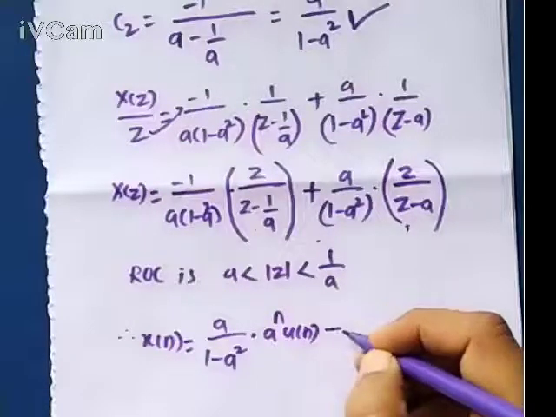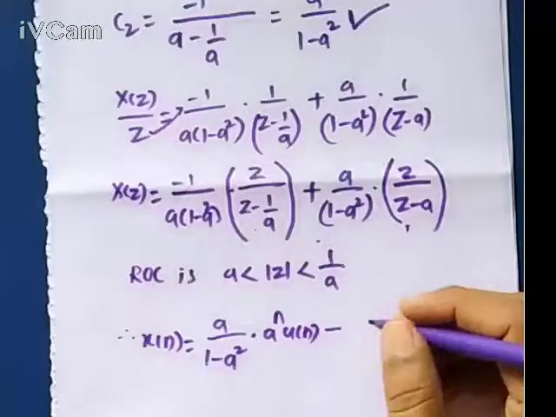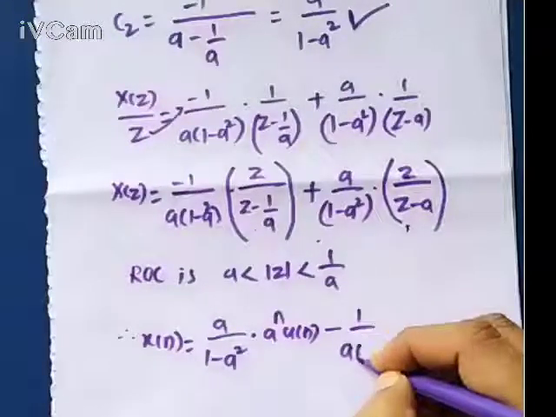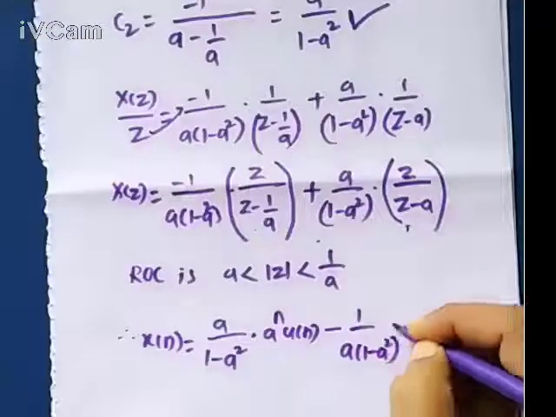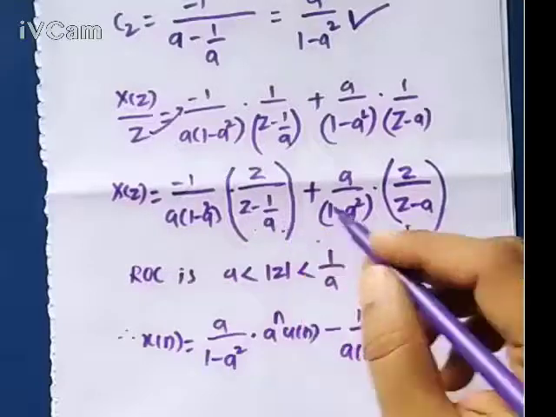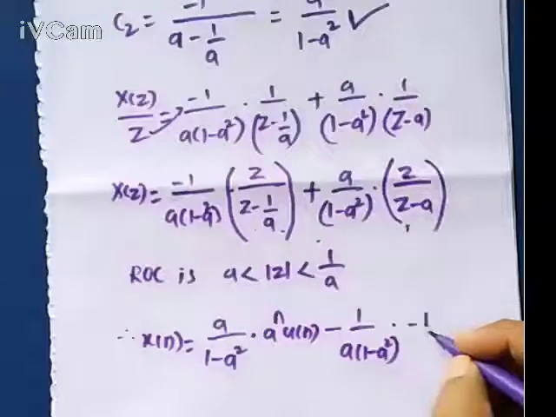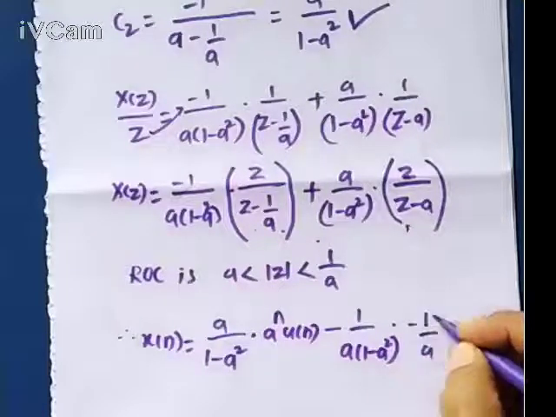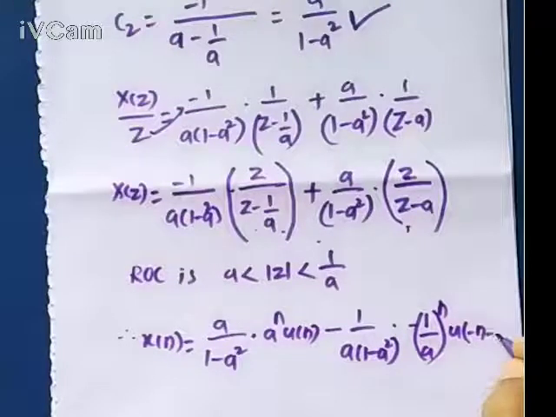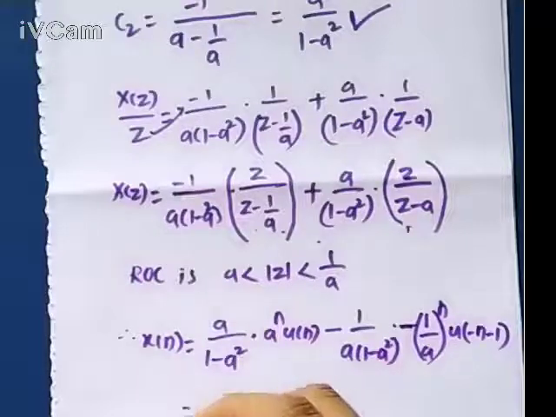There is a minus here, so I will write that minus here. Then that will be 1 upon a into 1 minus a square. This is the constant term. z by z minus 1 by a, so its x of n will be minus b power n, where b is nothing but 1 by a only, b power n u of minus n minus 1. So here also minus, here also minus, this term will also get plus here.